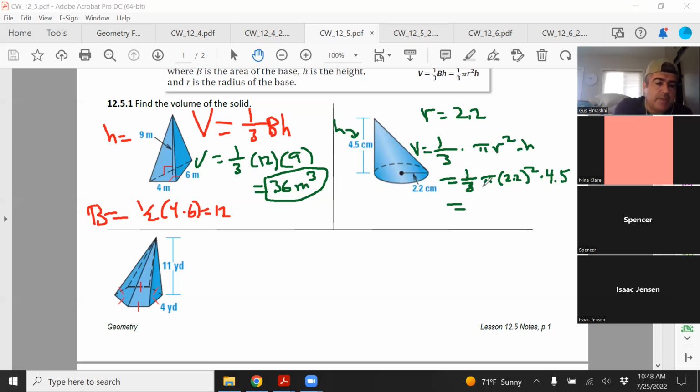You work that out. So 22.8, that's cubic centimeters. I think I did that correctly. Yep.